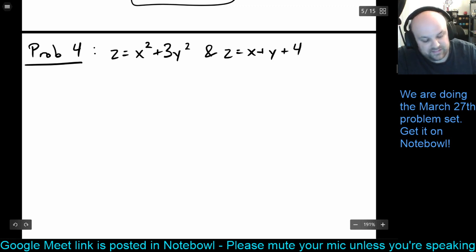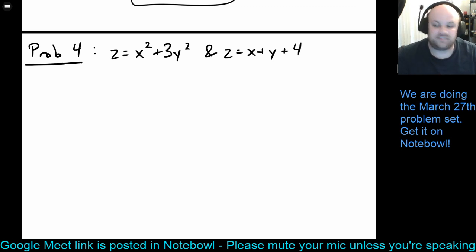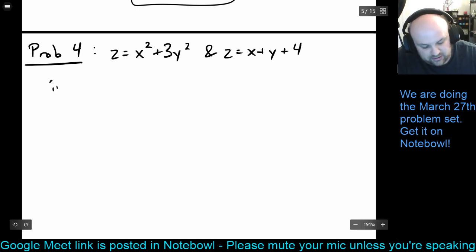And these intersect in some curve C. Actually, I'll bring up Mathematica and I'll plot that in a second here. But these intersect in a curve C.